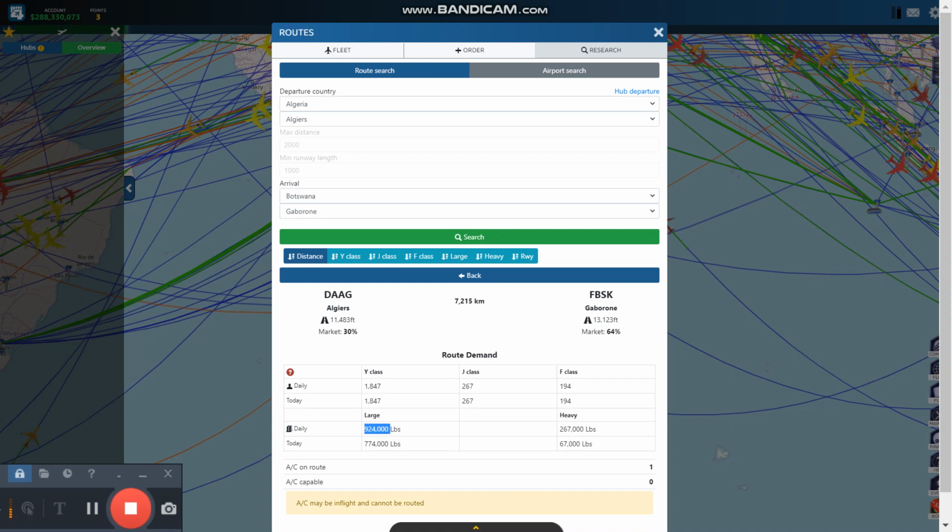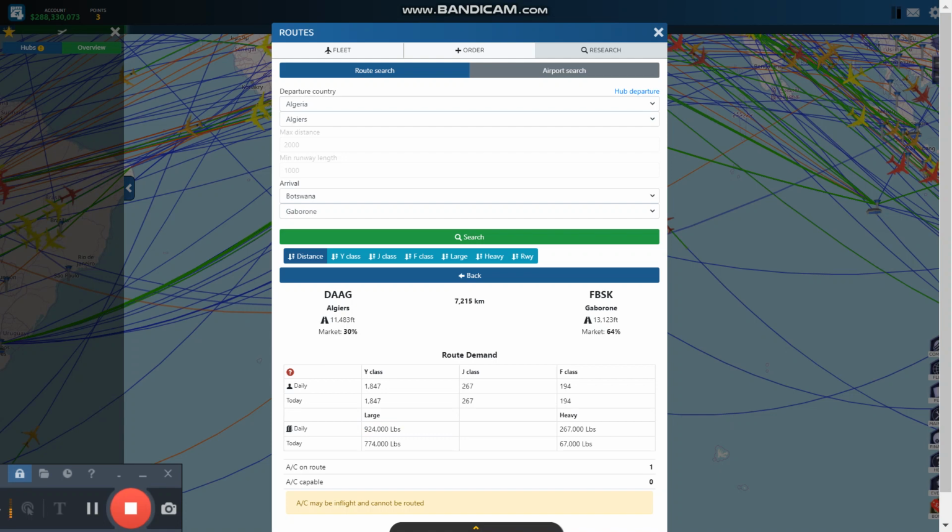So if you go from Botswana to Algiers, or you go from Algiers to Botswana, the demand is identical both ways. Any route you take, the flight out and the flight coming back has one demand. It has nothing to do with the demand from the hub you start at, or the demand from the airport you arrive at. I have no idea what those numbers are used for.